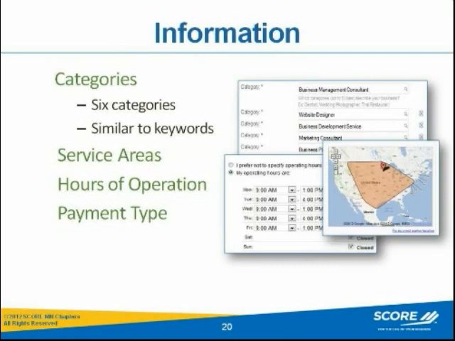You want to put your business in as many categories as allowed. You can also indicate what type of service area you serve with your business. You can customize information about the hours of your operation and tell your potential clients what type of payments you will accept from them.